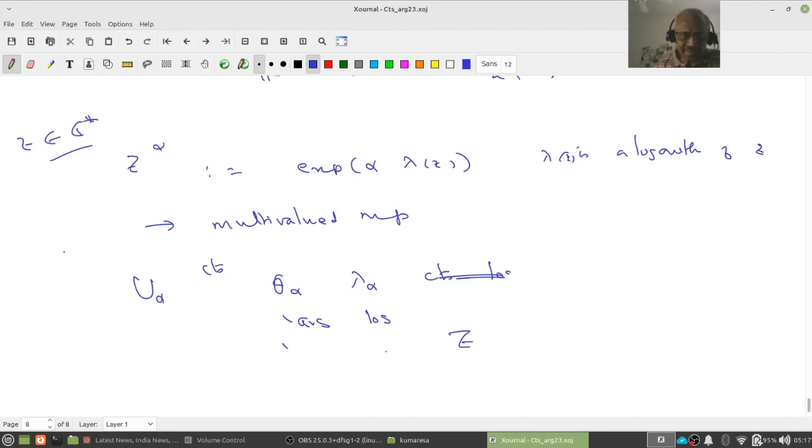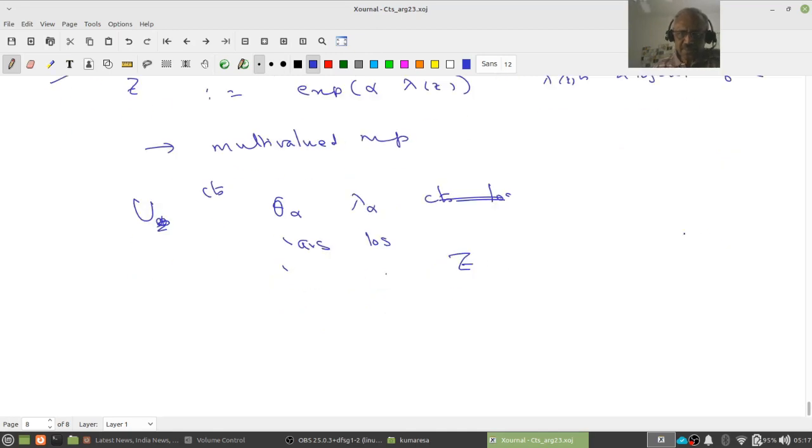It's a pity, I'm using the same alpha here. This lambda also I used. So I'm running into a problem. Let us look at beta, gamma, mu. Okay, u mu, where mu is a real number. Then theta mu, lambda mu are continuous arguments and logarithm respectively.